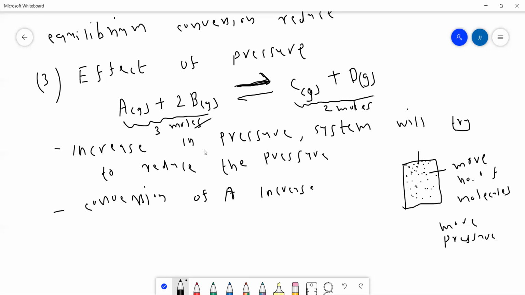So that depends upon the stoichiometry. In this case, the number of product molecules is greater, so conversion of A increases.